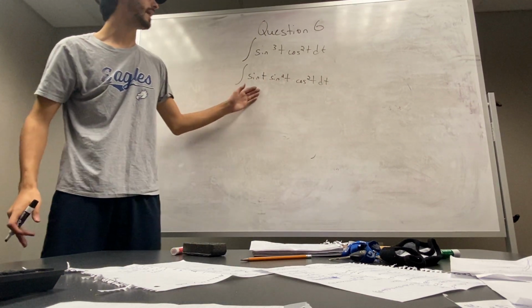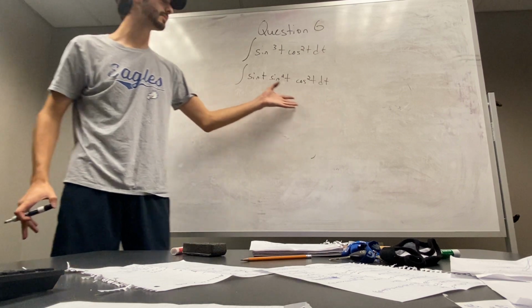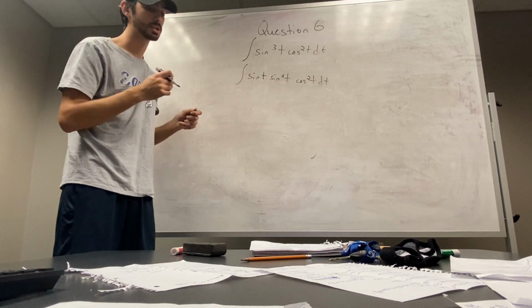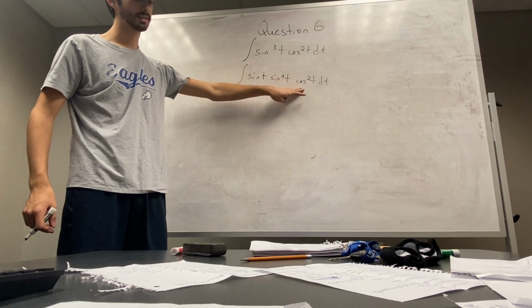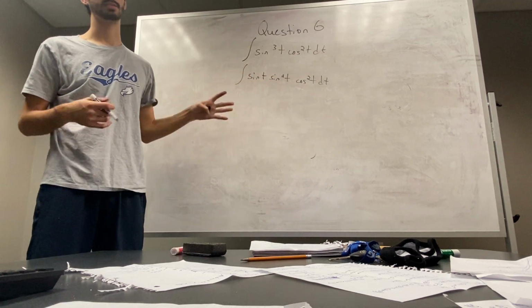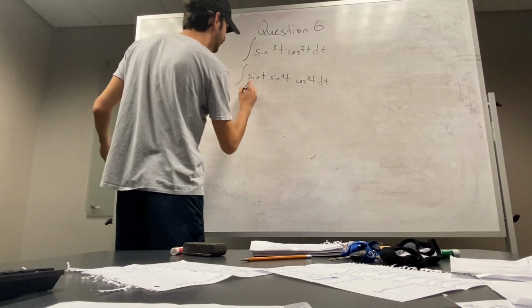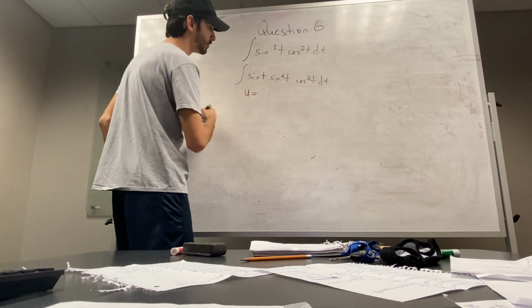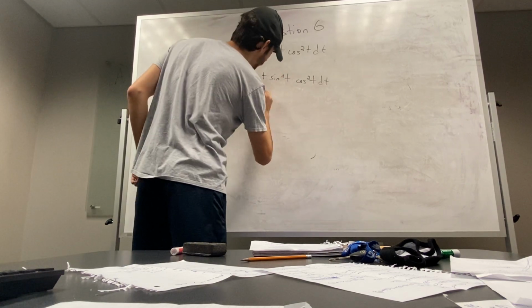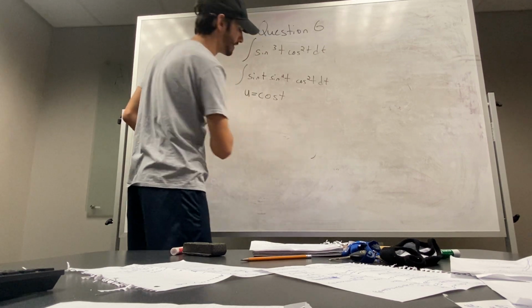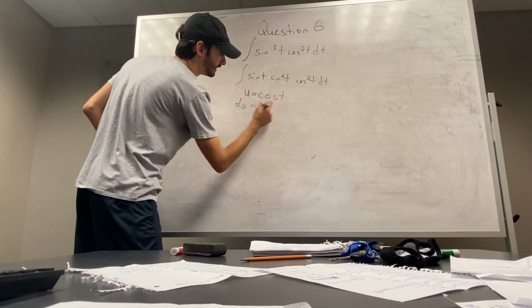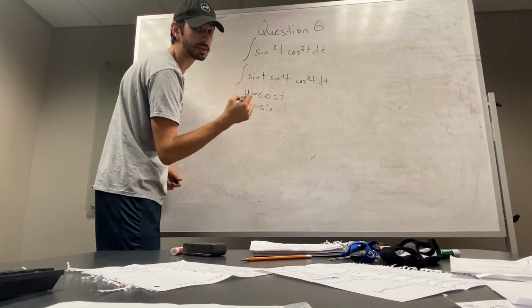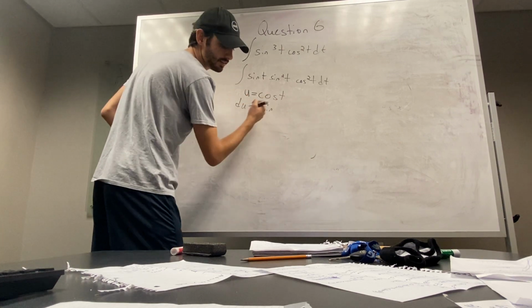All right, now that we have this as our equation, we are able to turn sine and cosine into another substitution. So now we're going to do another single variable substitution: u equals cosine t instead of sine t this time. And our du is going to be negative sine t dt, because we are deriving it.